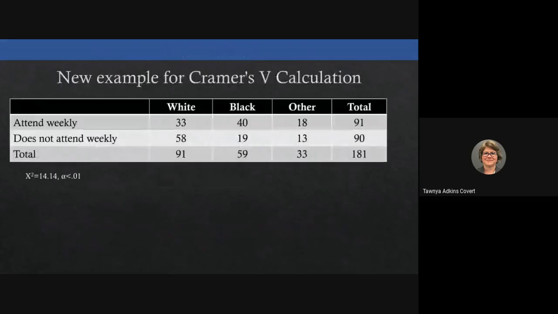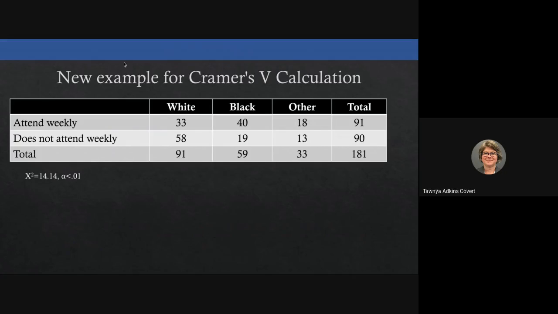I didn't use sex because we only had 2 categories, male and female, in that data. In this data, I've used race instead and just formulated some numbers. So we have white, black, and other for race, and attend weekly or does not attend weekly for religious attendance. You can see that we have a rectangular shaped crosstab because we have more columns than rows.